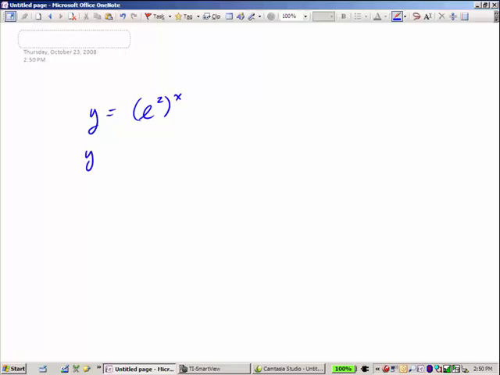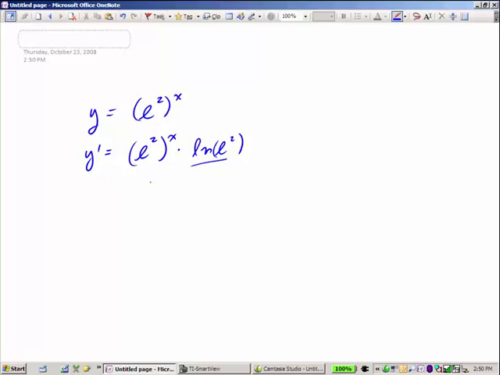Okay. So the derivative here would be, well, the rule for an exponential is the function itself, so it would be e to the 2 to the x times ln of the base, which would be e squared. We actually know what the ln of e squared is.